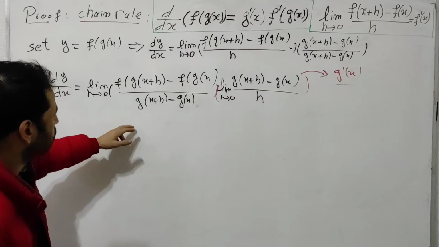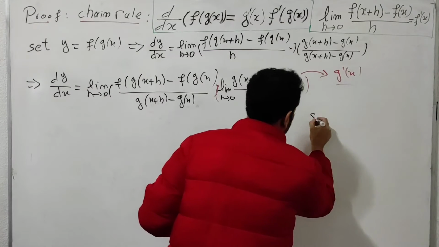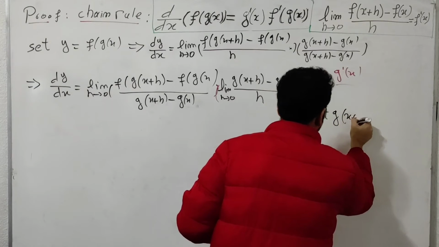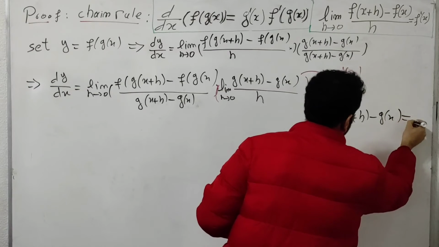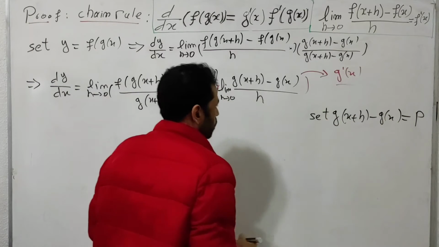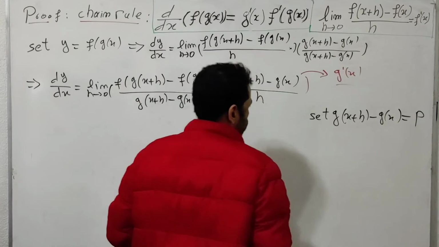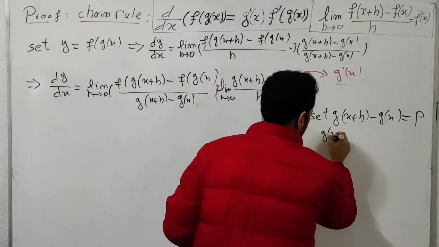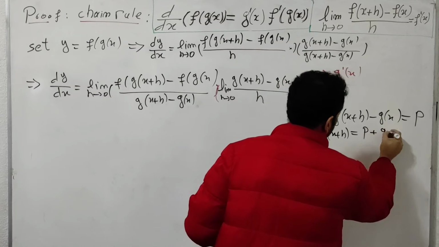Okay, at the same time I'm going to do the substitution of this one. I'm going to set g of x plus h minus g of x equal to p. So I'm going to rearrange these two terms. I will get g of x plus h equal to p plus g of x.